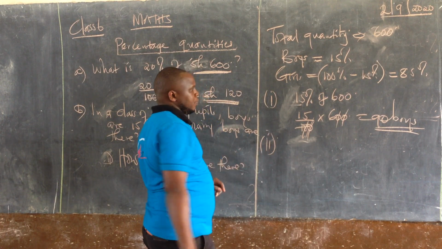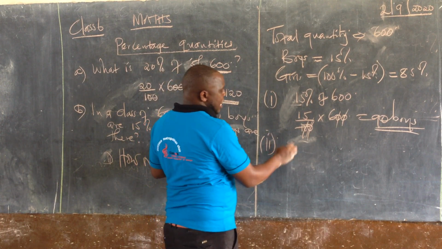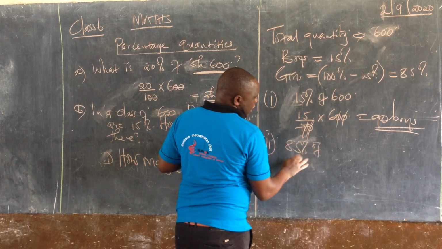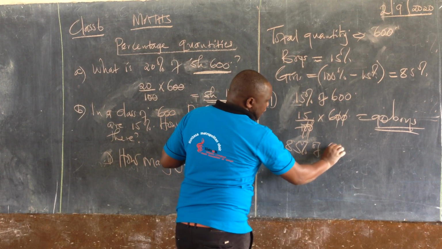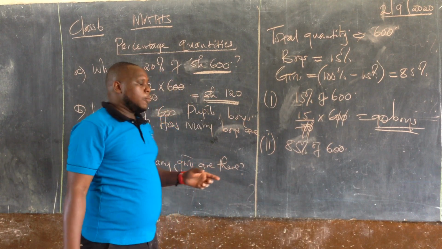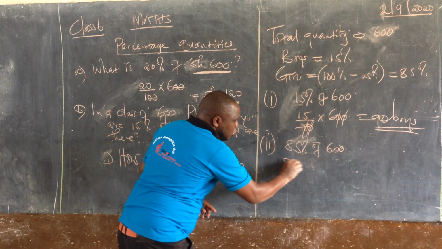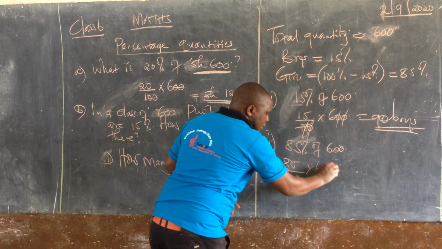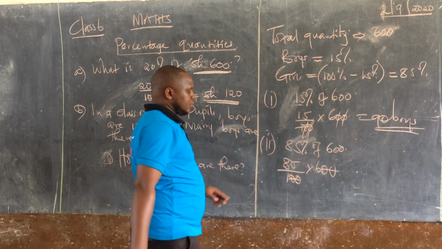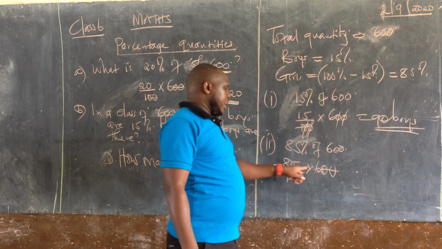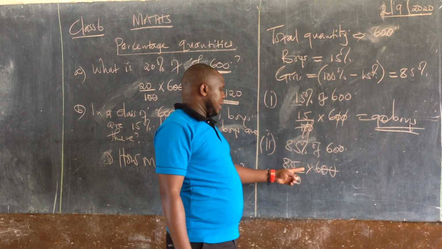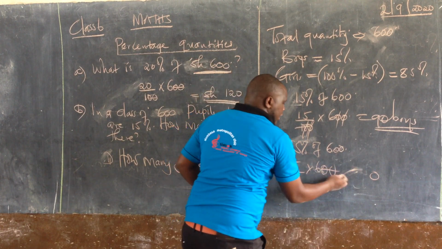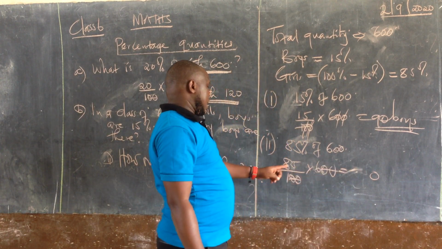Roman 2. The girls are 85% of 600 in that case. And so this is 85 out of 100 times 600. Two zeros will cancel. So this is 85 times 6, which is simply going to be 0, then you carry 3.